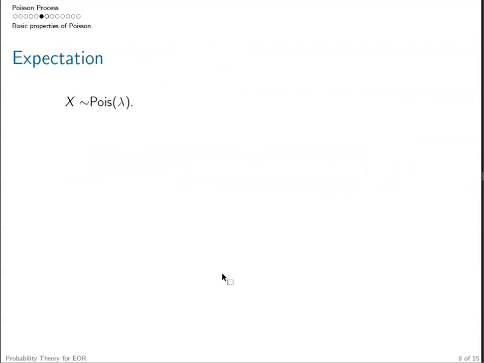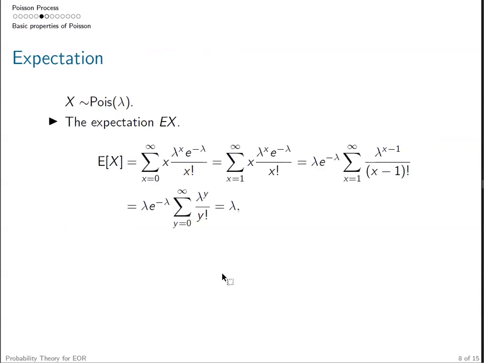Now, we discuss some basic properties of the Poisson distribution. First, let's calculate its expectation. We can calculate this by its definition. We already know its PMF function. By the definition of the expectation of a discrete random variable, it's a weighted sum of all possible values taken by the random variable x, multiplied by weights equal to the probability of x equal to that small x.